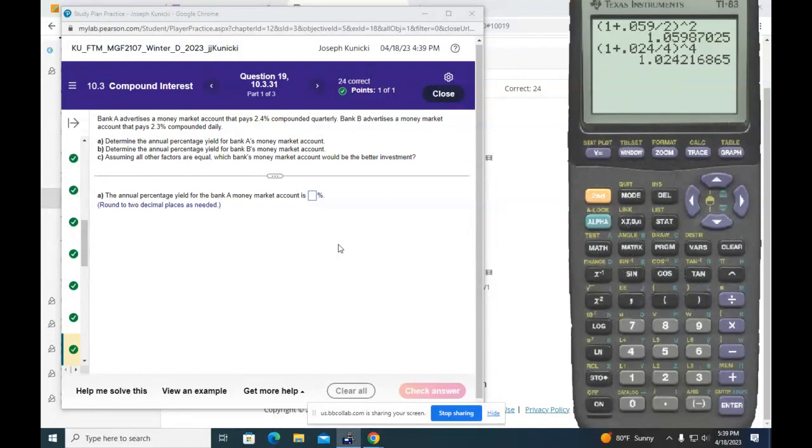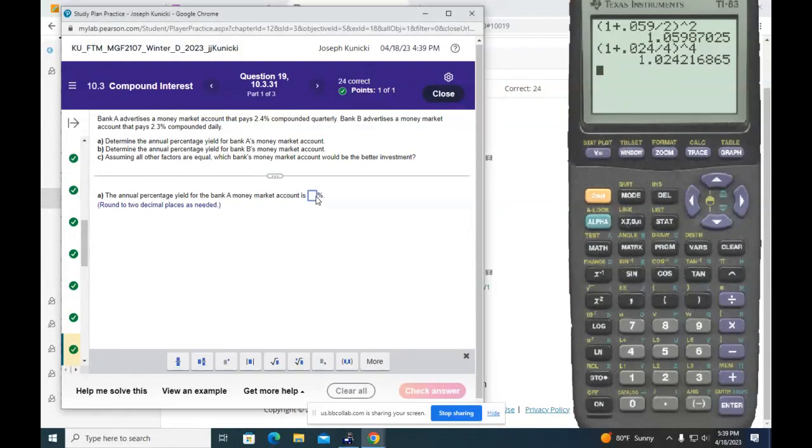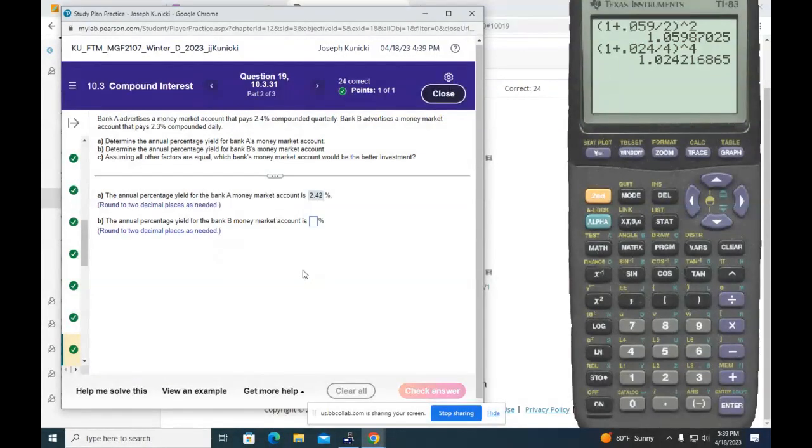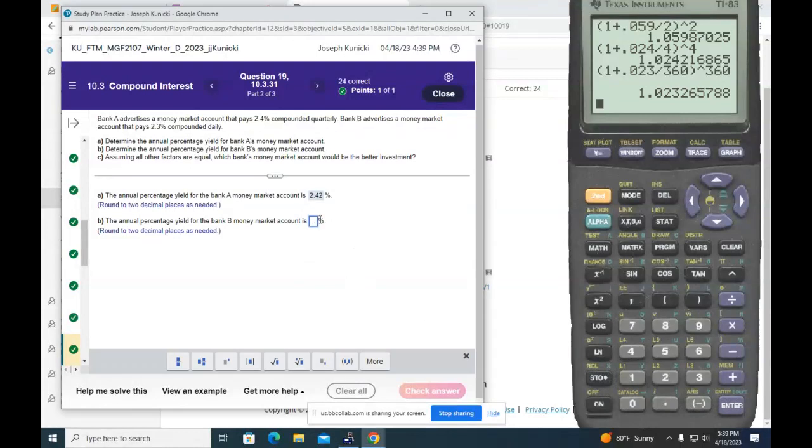So it'd be 2.42 to 2 decimal places. So we get the extra 0.2. And then for Bank B, it would be 1 plus 0.023, divided by 360, caret 360. And so it'll be 2.33, rounded to 2 decimal places.